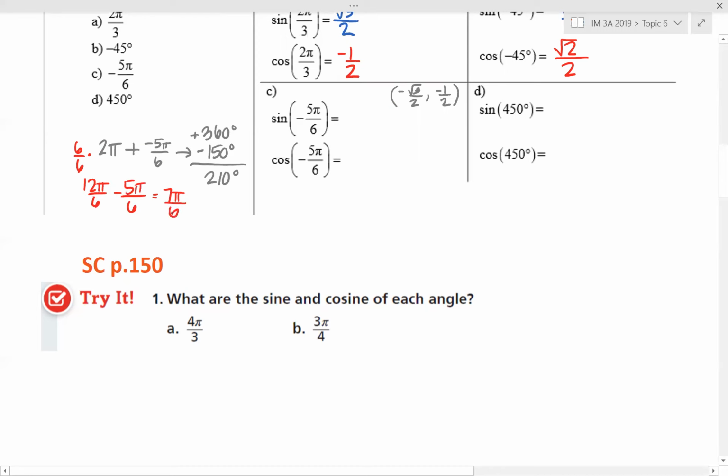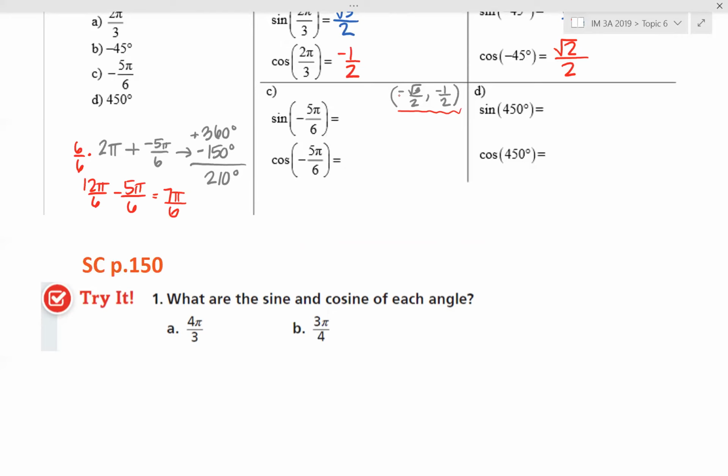Okay, so you have 3 different methods to get this angle, that ordered pair. You're either visually finding the 5 pi over 6 in the negative direction, or you're converting that to degrees and adding 360 to negative 150, or you're adding 2 pi to negative 5 pi over 6 because 2 pi is a full revolution in radians.